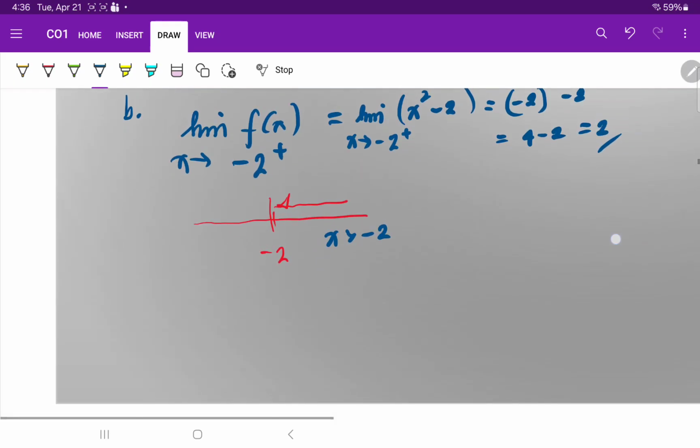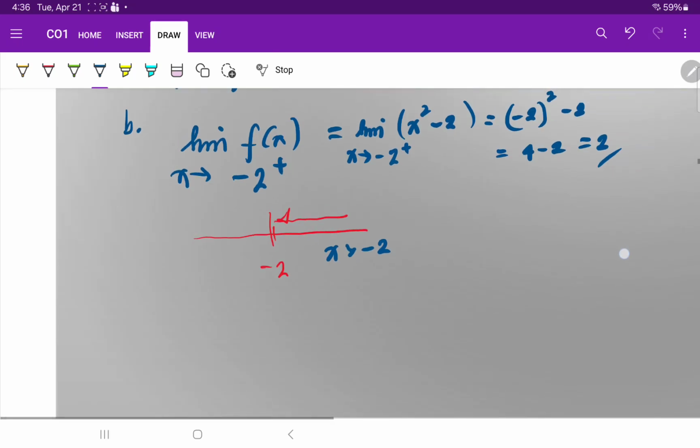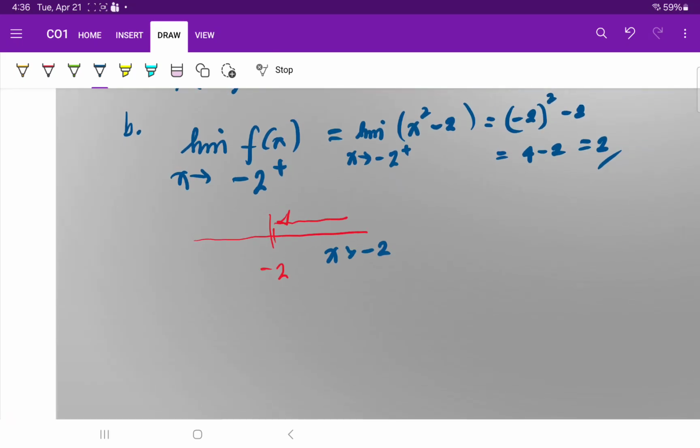Now, you also have to solve for the limit of the function. Let me change the color. Let's solve for the limit of the function f of x, this time as x approaches negative 2 coming from the left.